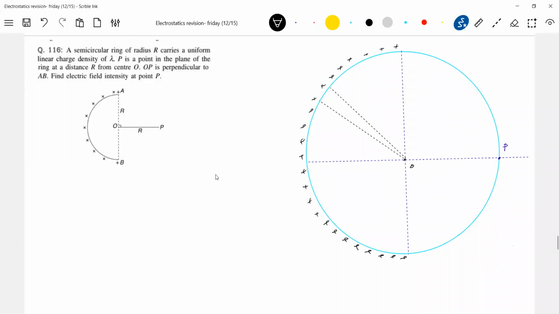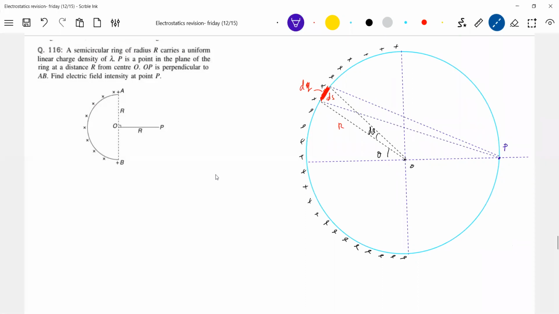So let this angle be say theta, d theta. This is that arc. First, we'll calculate the field at dq. Let this be ds. Field at point P due to this arc, we'll calculate. Then we'll integrate.